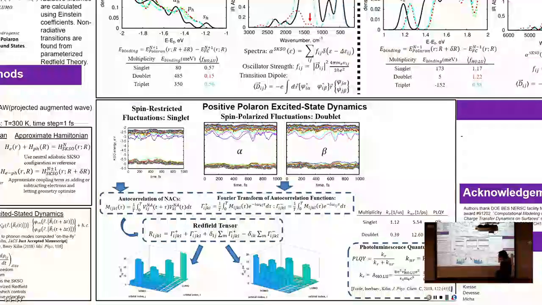If you take the Fourier transform of those couplings, you extract out the phonon modes that couple to those degrees of freedom. So you essentially get your spectral density, and using those rate equations, we can parameterize the Redfield equations, which describe dissipative transitions.